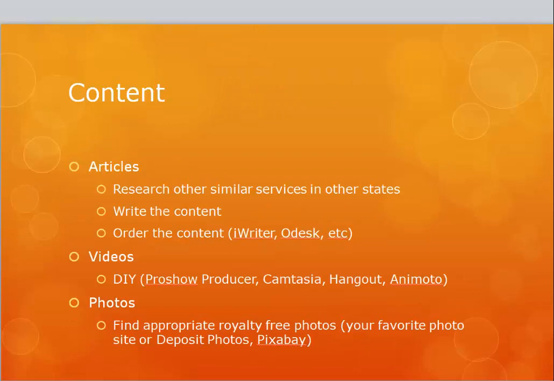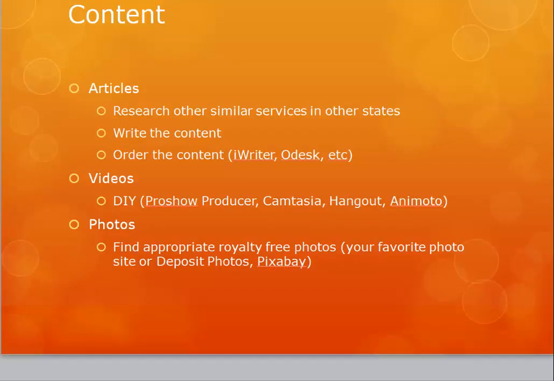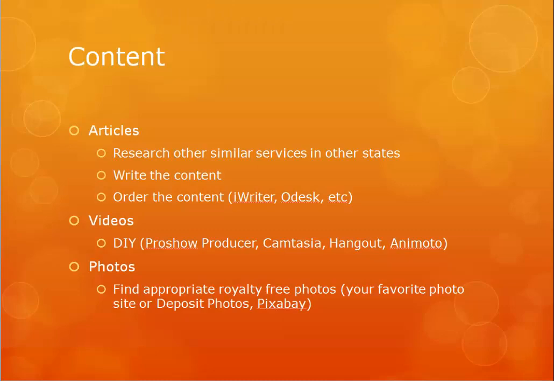Next slide, content. Now we need to know where we're going to get our content from. One of the things that I like to do, because when I'm doing my lead gen sites, I don't necessarily order content, and I'm not the best writer in the world, is I borrow.